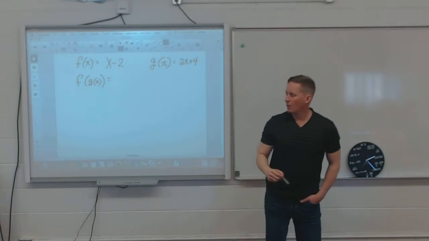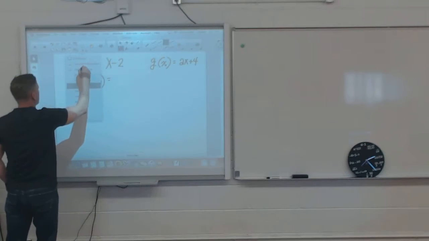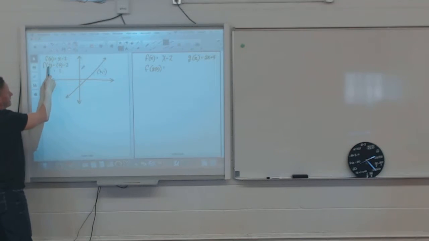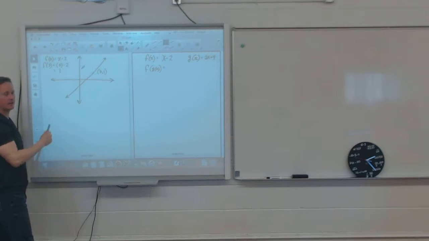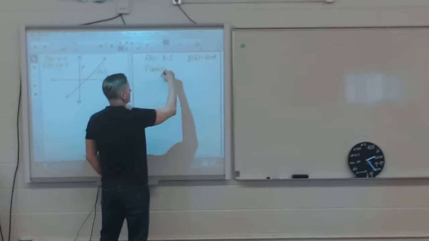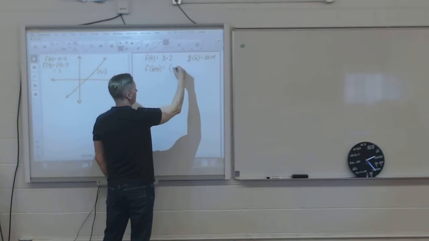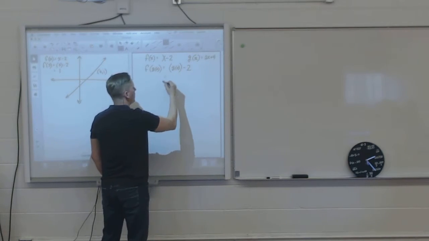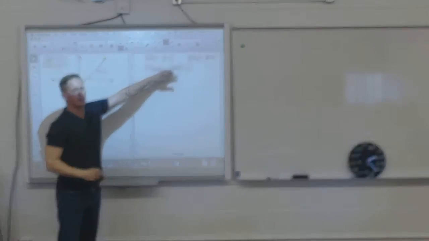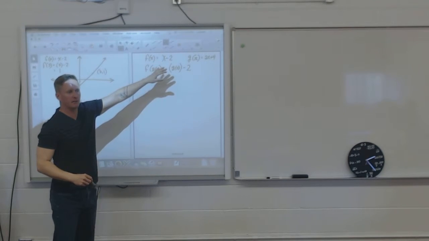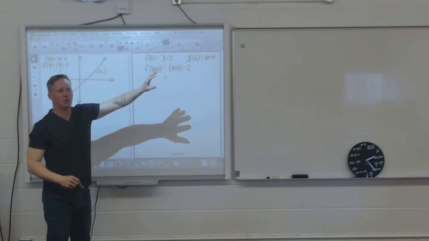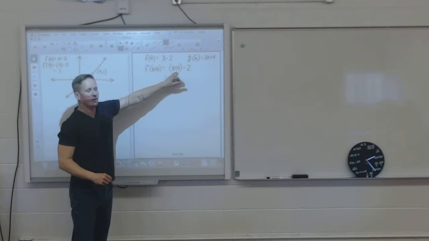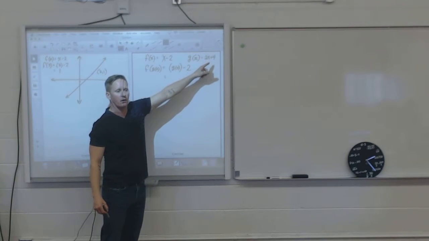In the last one that I did here, I took whatever was in the brackets, and I substituted it in for my x value, right? Now I'm going to do the same thing here. Instead of x, I'm going to have g of x, subtract 2. Well, what is my g of x? I said g of x was 2x plus 4, right?